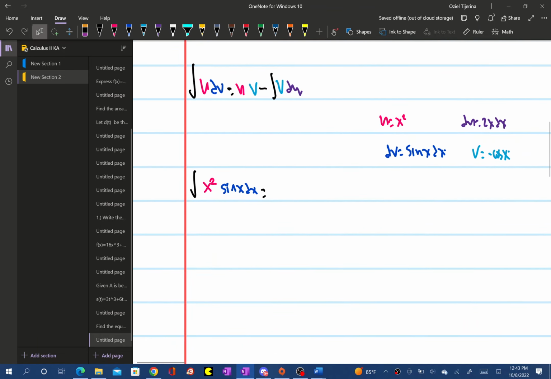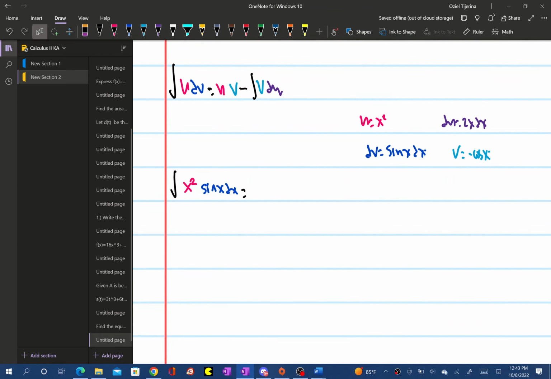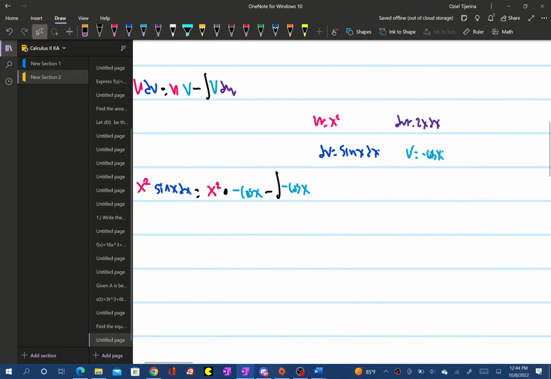So putting all of this together, the integral of x squared sine x dx is going to be u, so x squared, times v, so times negative cosine x, and then minus the integral of negative cosine x times 2x dx.